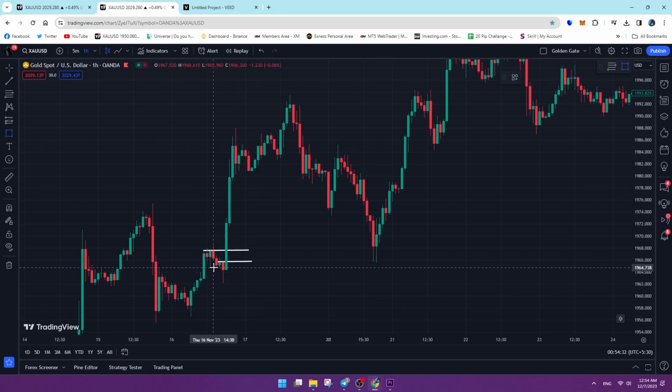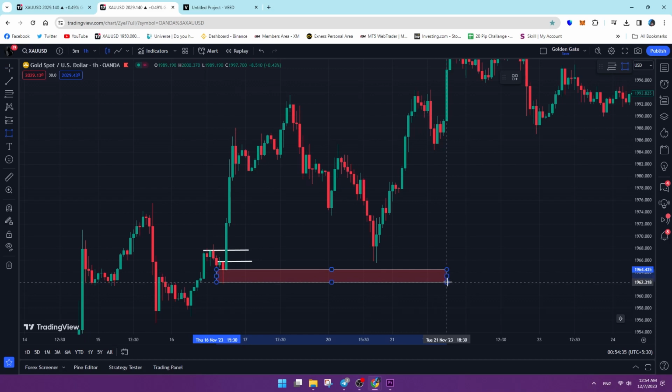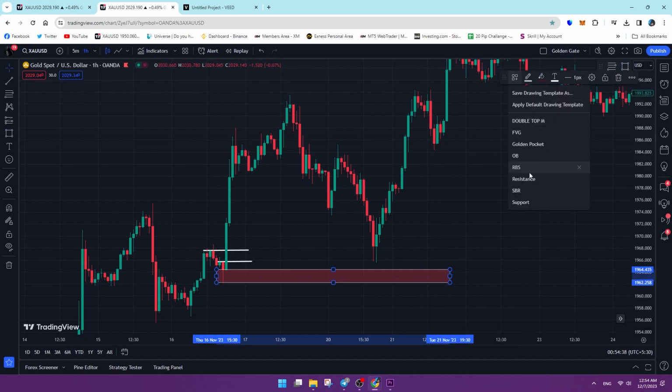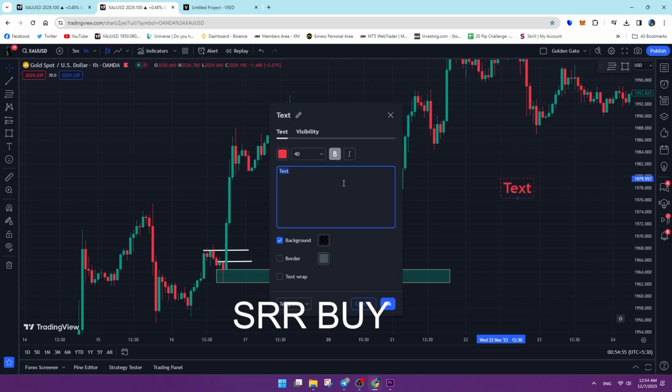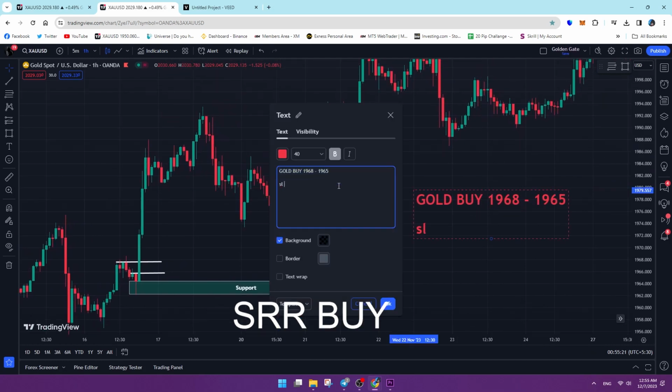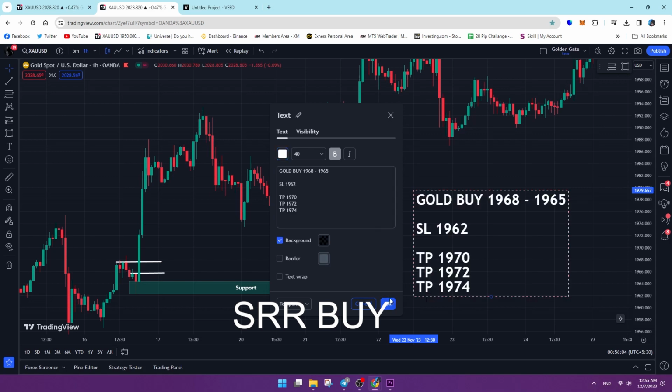I found an SRR buy trade setup here, and I have recognized the entering zone as 1968 to 1965.